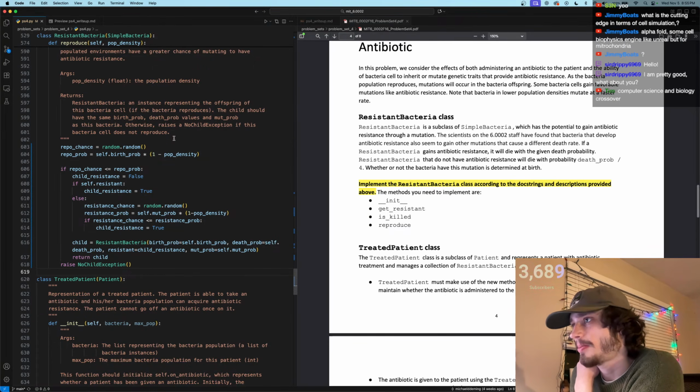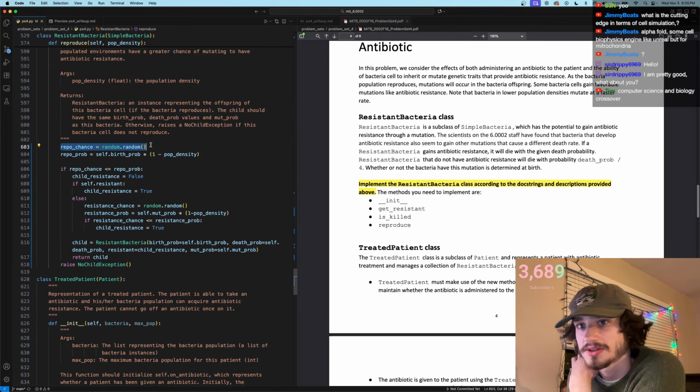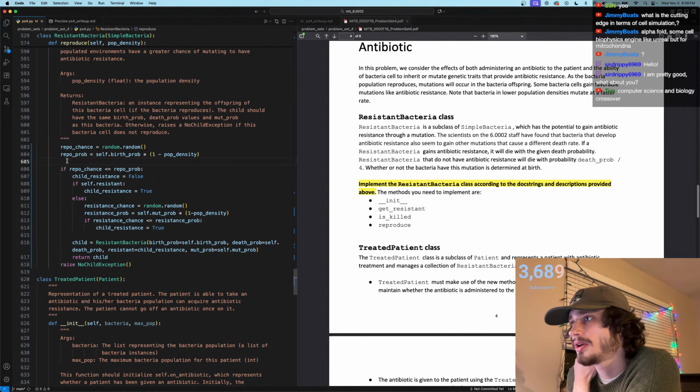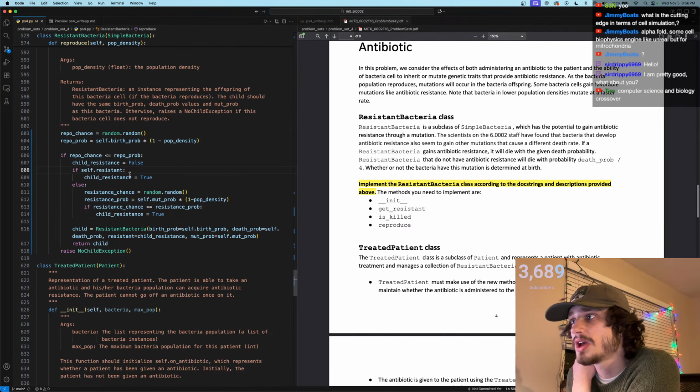Okay, so what's happening here is we're getting a random reproduction chance, right? We are then determining a probability for reproduction. We are then determining if the reproduction chance is within that reproduction probability. If it is, we know we're going to produce a child, so we enter this section here. We set the child resistance to false.